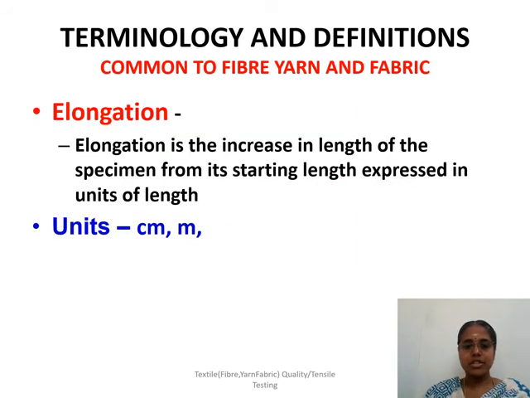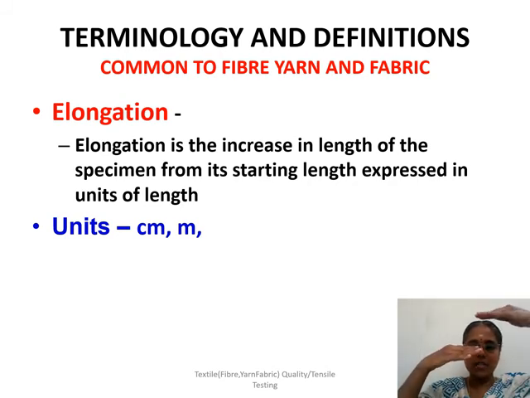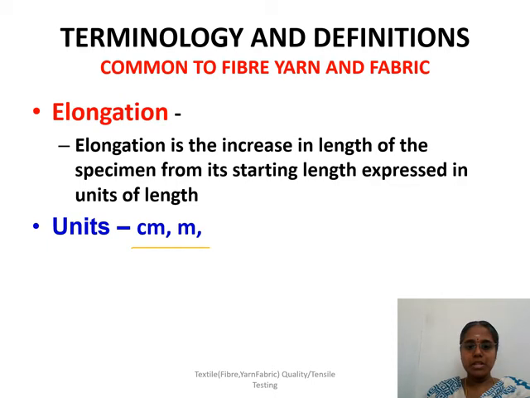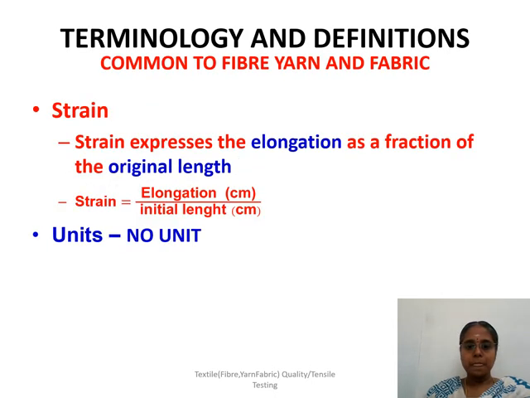Next is elongation. Elongation is the change in length. You have this much length, and the material extends to this much. This change in length is called your elongation. It may be in centimeter or meter.